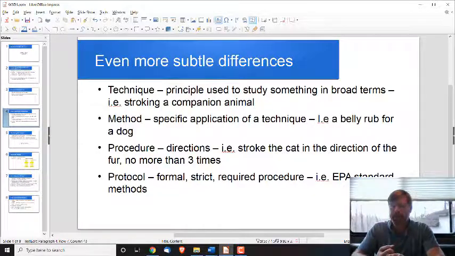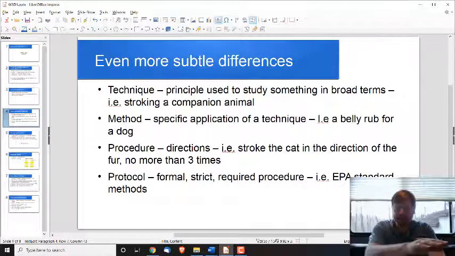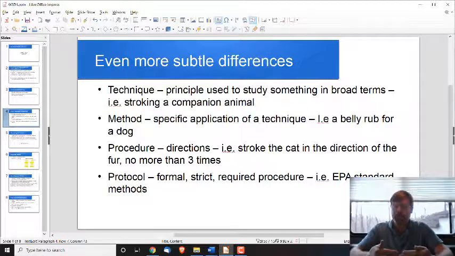This will be done this way. If I were to take the cat petting procedure more formally, I would probably specify the pressure to apply as you're stroking the cat, the length of the stroke, things like that. It would be very, very laid out and formal. Frequently, those are a legal requirement to follow for some reason.